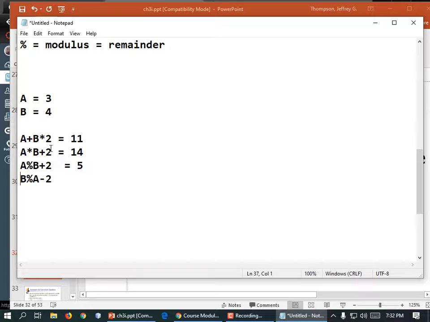If we have 4 here, and we have 3 there, I know we don't do long division anymore, but 3 goes into 4 one time with the remainder of 1. That's the modulus. So 4 modulus 3 was 1 minus 2, I guess is going to be negative 1.